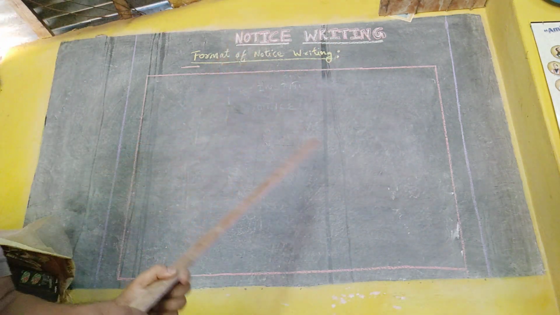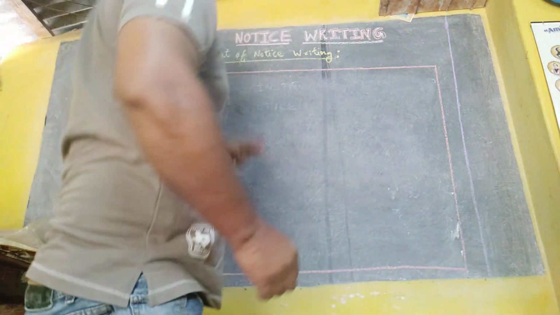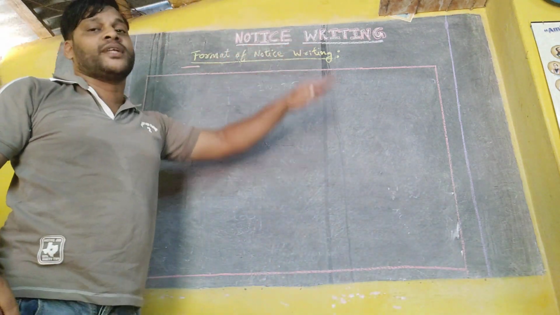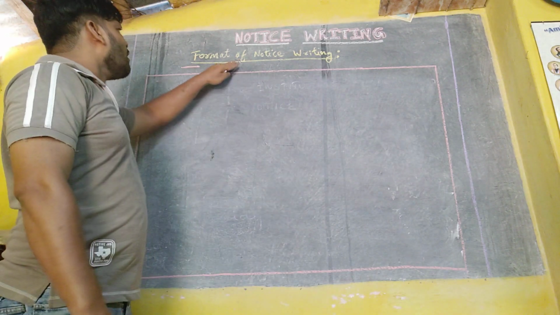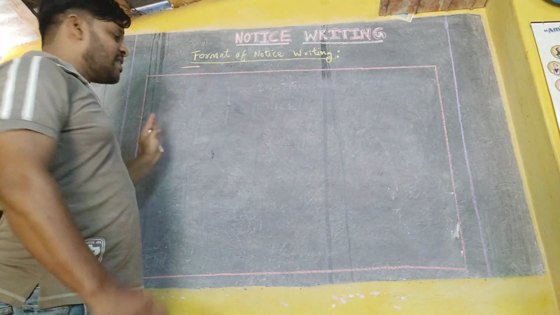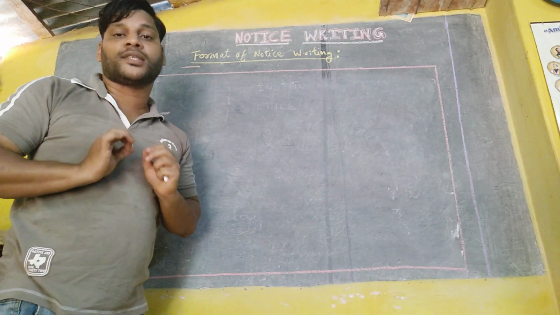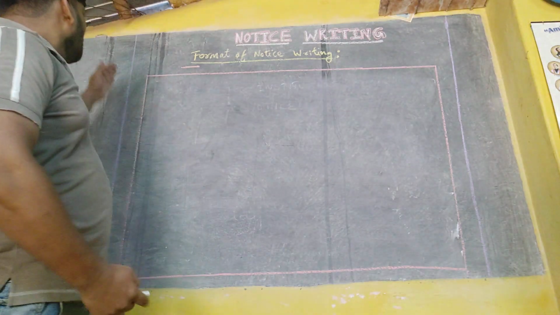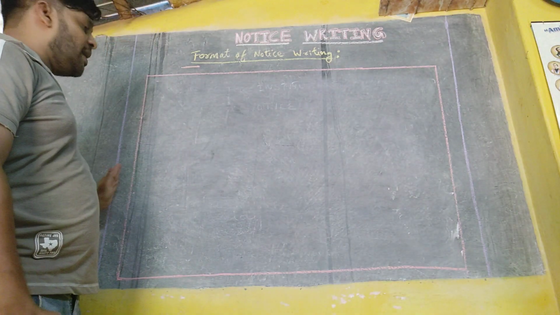So in notice writing, today we are going to learn about the format of notice writing. Now the format of notice writing, first thing we have to draw a box margin. Now see, can you see this purple line?